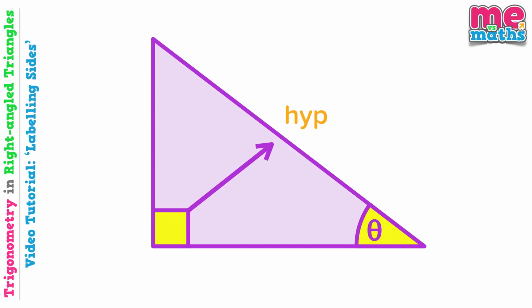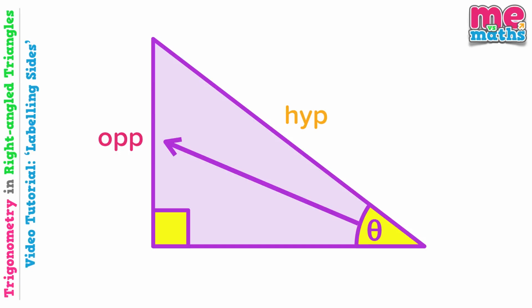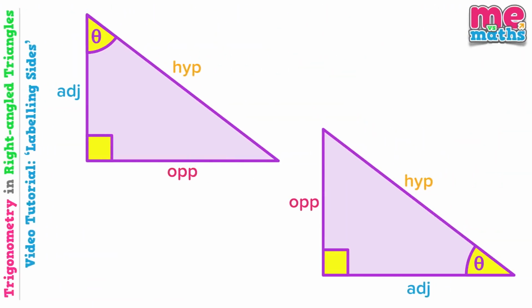However, the opposite side will now be opposite our new angle theta, so it will now be this side over here, and the adjacent will be the one left over, and it is again next to our right angle and the angle theta in the question. And there's the two triangles we've just labelled up, just to emphasise how the opposite and adjacent sides can vary dependent on which angle is active, if you like, in our question.